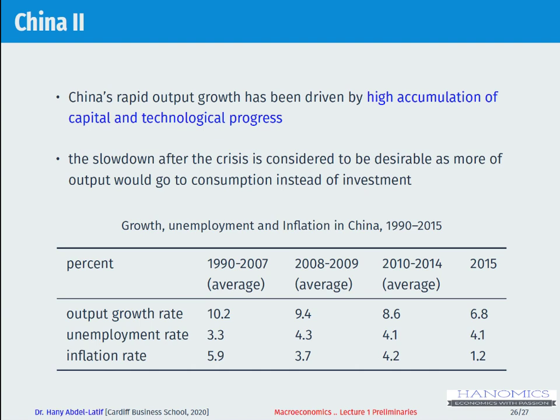And some people explain the rapid output growth in China by their high accumulation of capital and technological progress. So again, we need to understand the determinants of growth. And this is something we'll cover in one of the lectures. So that is the idea. Whether it is China or any other country, we need to understand why. Okay? Why does country X grow faster than country Y?